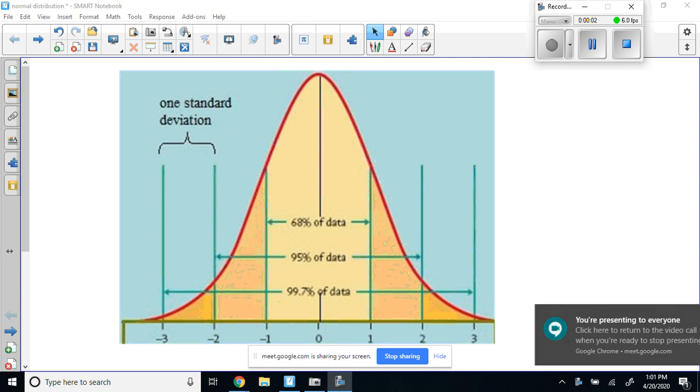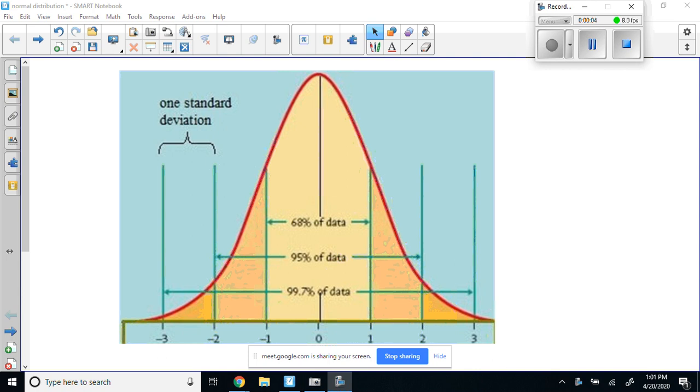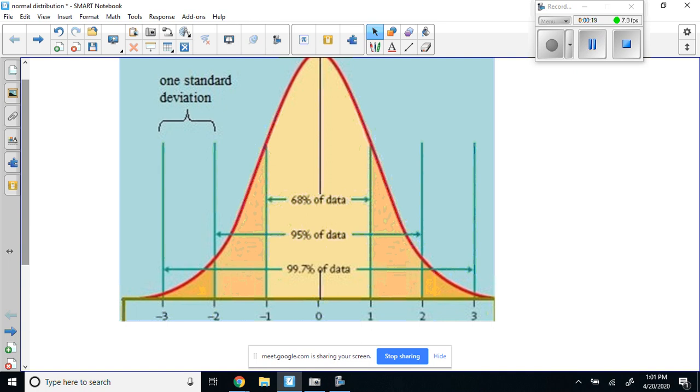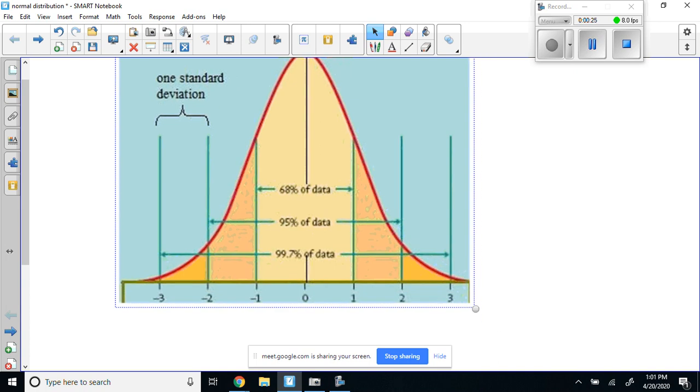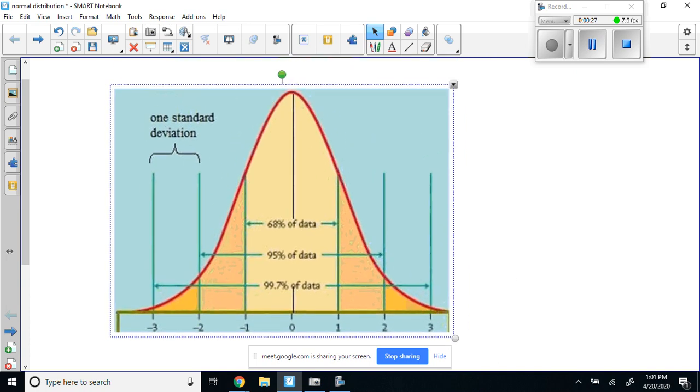So this week's lesson has to deal with the empirical rule, which deals with a distribution of data. What we have to understand is that we've calculated mean, and we've calculated standard deviations, right?